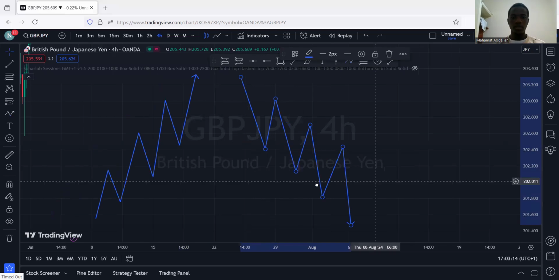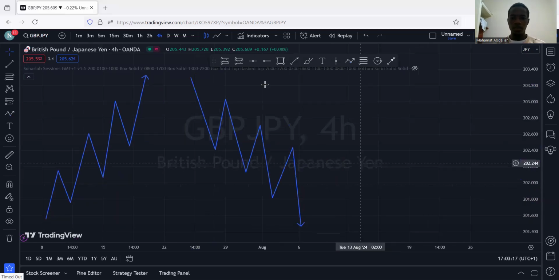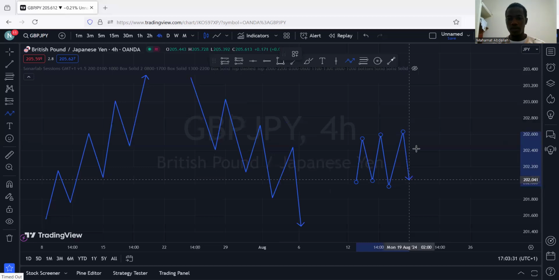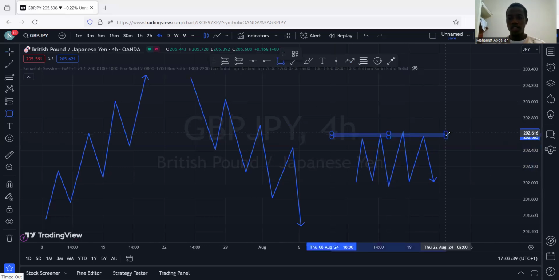And a range is simply a market in which the market is not going up and not going down. The range is simply a market in which price is stuck between two levels of price, right? So you have something like this. That's a range, and price is stuck in a range, right?